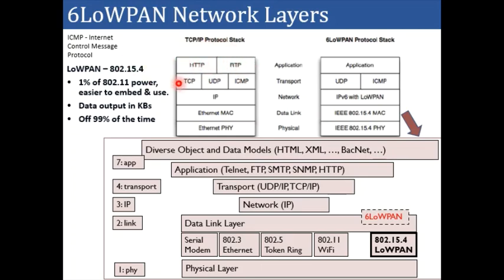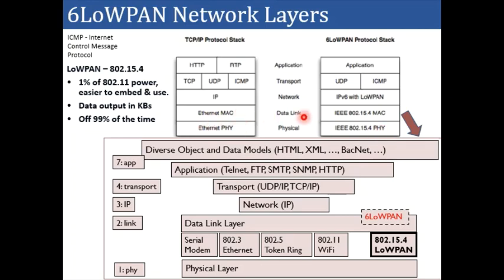So we have the TCP/IP layer, and then on top of that we have the direct application layer. Now if you compare the TCP/IP protocol stack with the 6LoWPAN protocol stack, you will see that the Ethernet physical layer will be the IEEE 802.15.4 physical layer in case of 6LoWPAN.